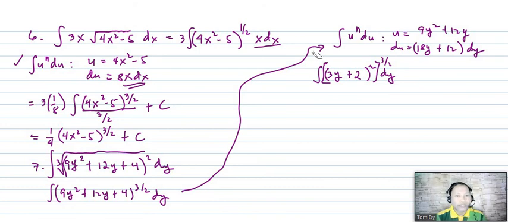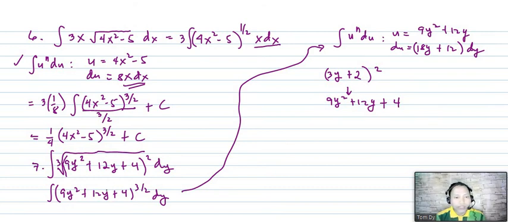Okay, I will rewrite it. If I am going to square this one, that means 3y times 3y, that is 9y squared. And then 2 times 3, 6 times 2, 12y, plus 2 times 2, that is 4. If you have noticed, 9y squared plus 12y plus 4, they are equal.